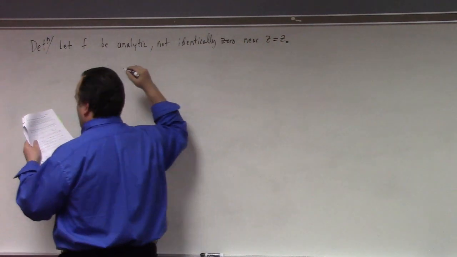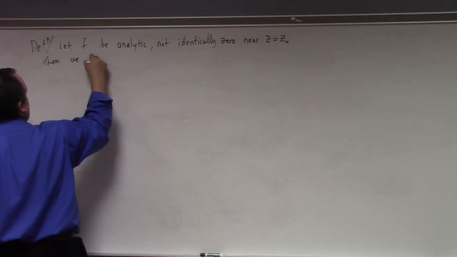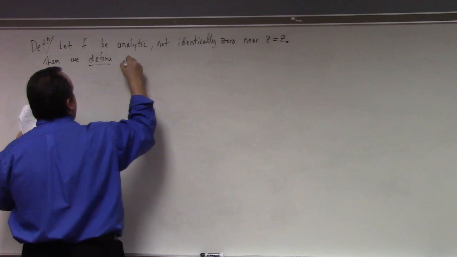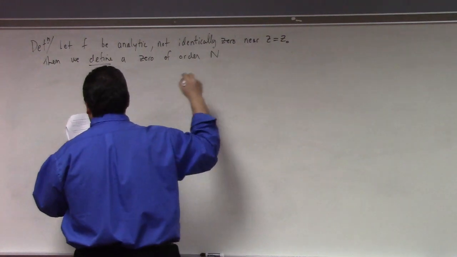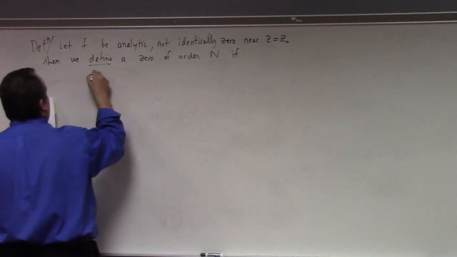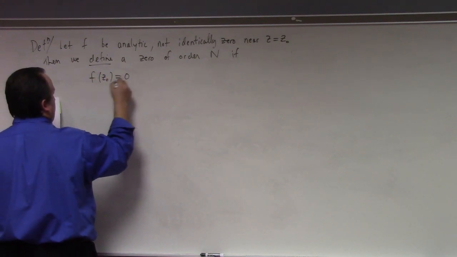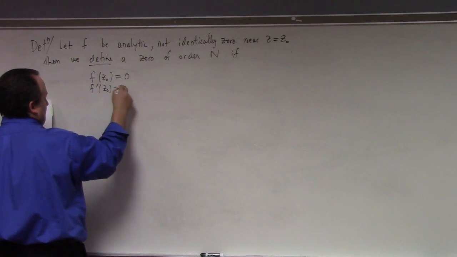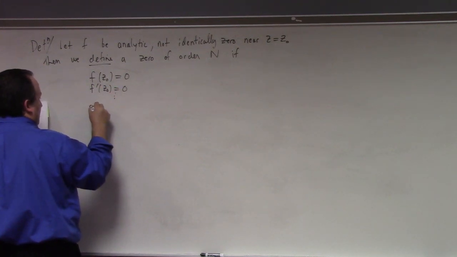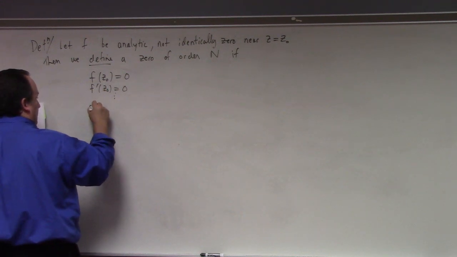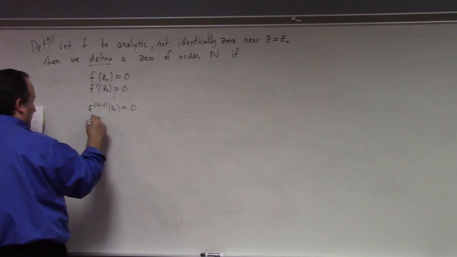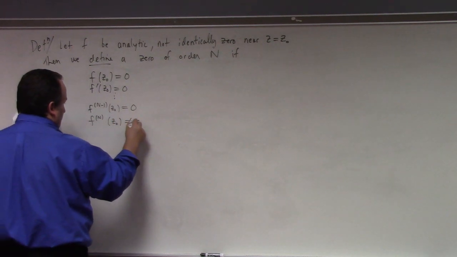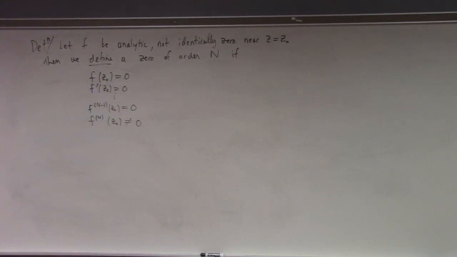Then we define a 0 of order n if f of z naught equals 0, f prime of z naught equals 0, on down the line, the N minus 1th derivative at z naught equals 0, and yet the Nth derivative at z naught is not equal to 0. That's a 0 of order n.